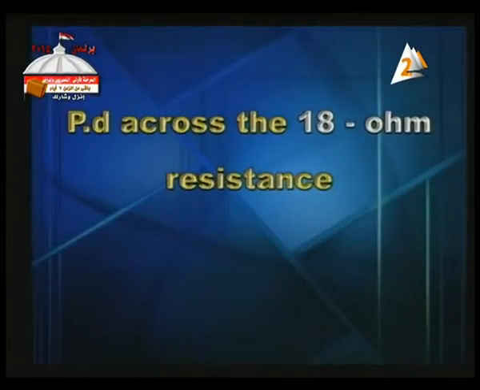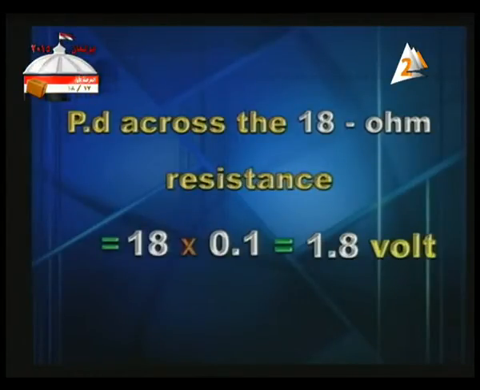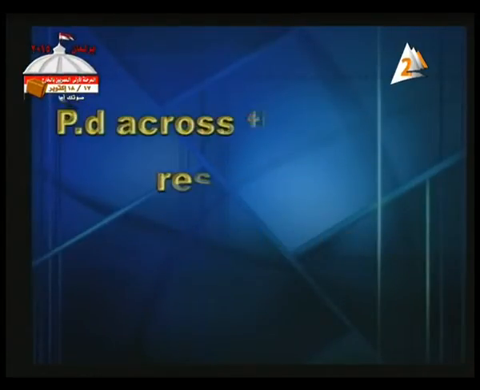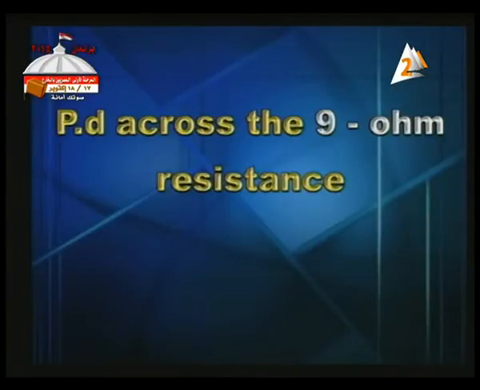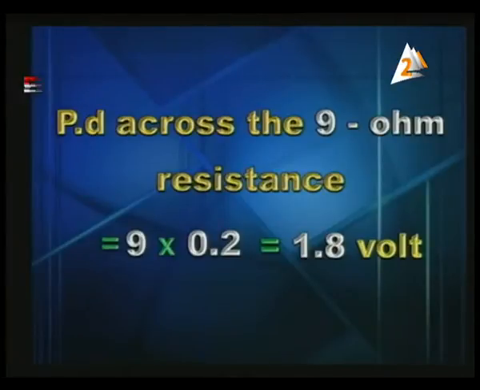Potential difference across the 18 is the product of current and resistance. It is 18 times 0.1, it is 1.8 volts. We'll do the same concerning the 2 other resistors. Across the 9 ohm resistance, it is 9 times 0.2, it is 1.8 volt. They've got the same volt, so they must be connected in parallel.